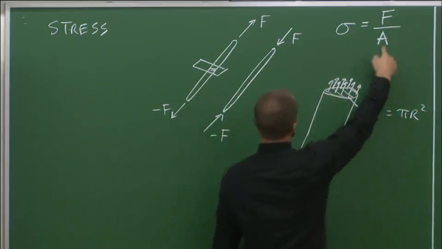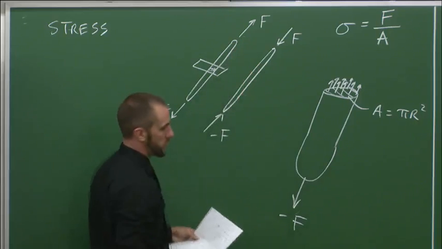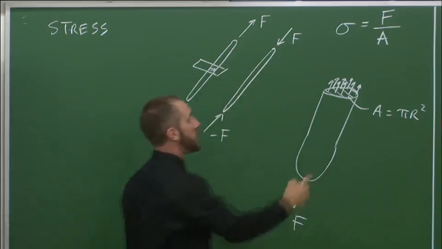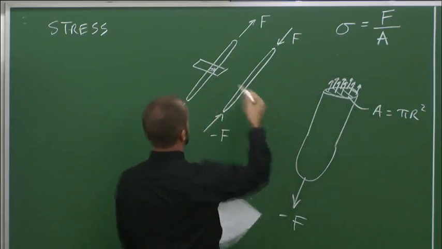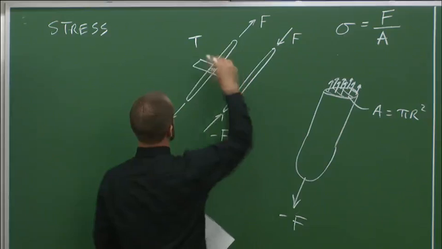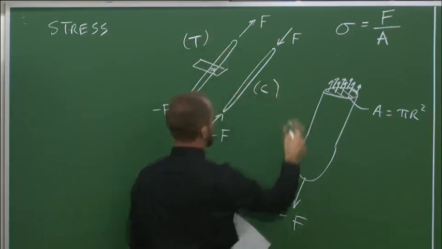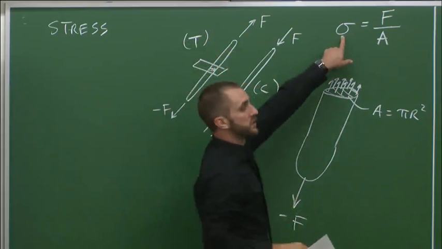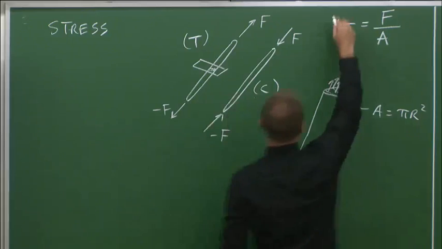If we knew that A, we could plug it in there, and if we knew how hard or soft we were pulling or pushing on an object, we could calculate this stress. Just like you have a tensile load and a compressive load, you'll have tensile stress and compressive stress. Okay, so this is the formula.